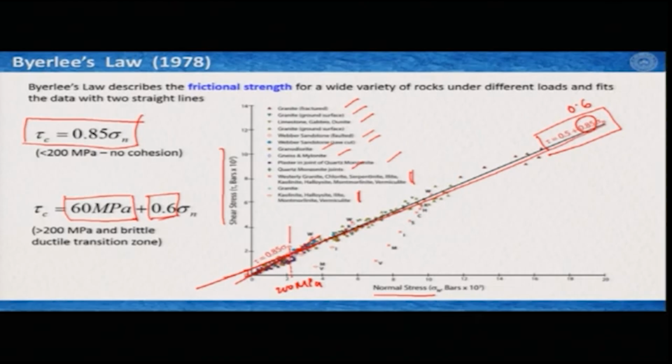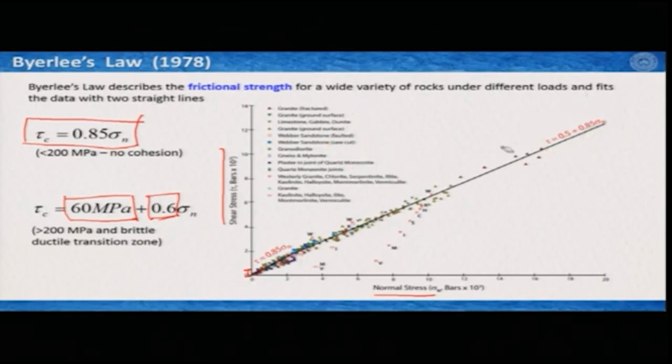Now, you can also see that there are some rocks or minerals which do not agree with this plot, and these are these rocks. If we look, these are mostly serpentinite, illite, kaolinite, halloysite, montmorillonite, vermiculite, and so on.